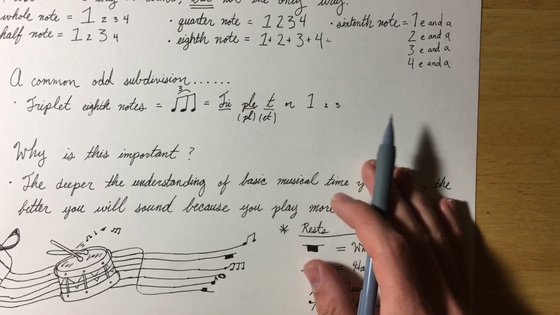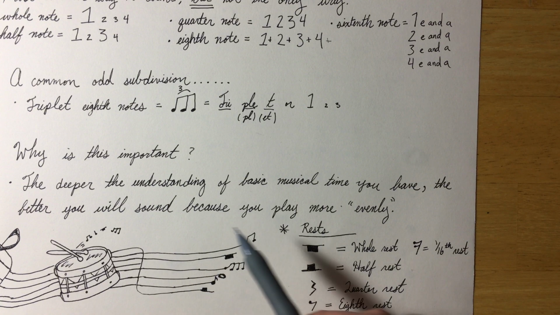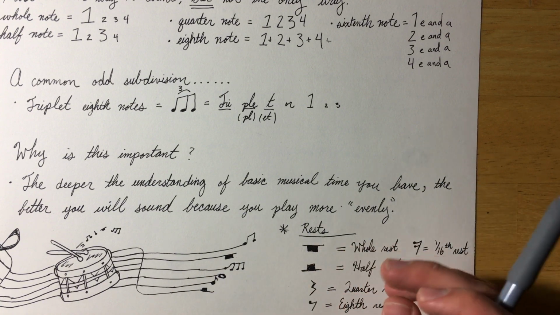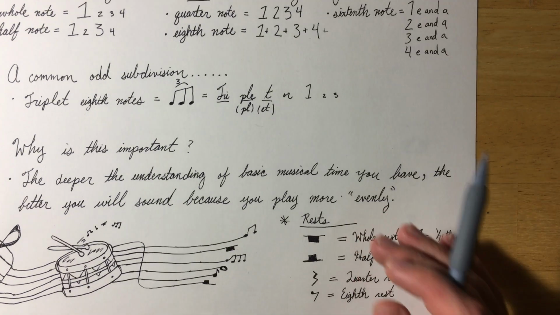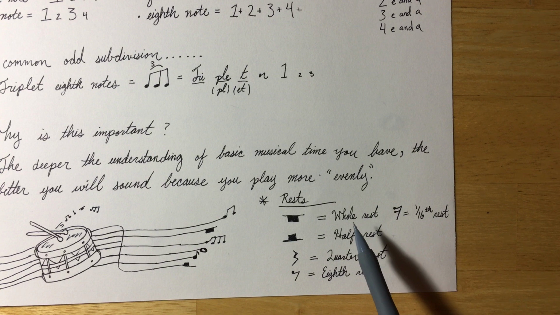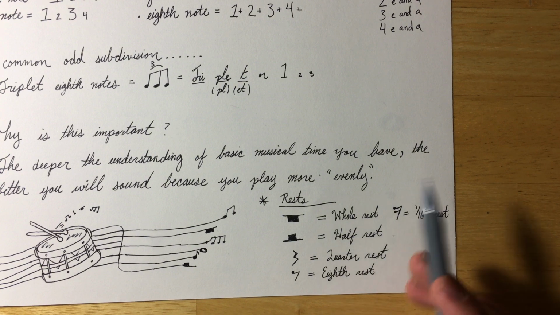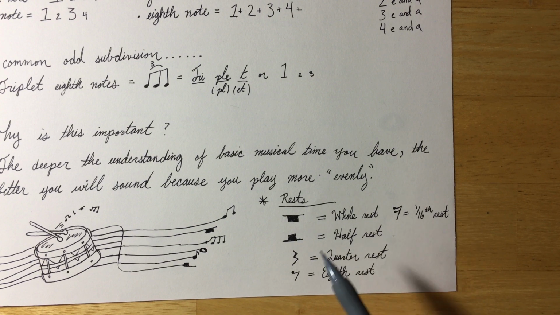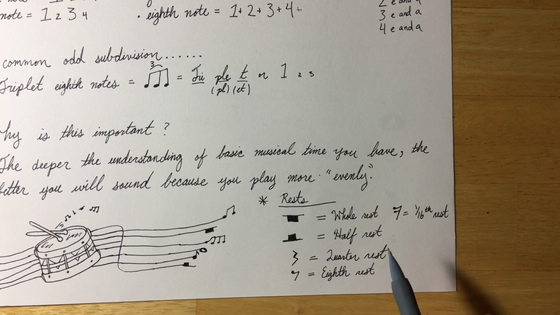And why is all this important? The deeper your understanding of basic musical time, the better you will sound, because you will play more evenly. You'll also come across rests, which are just silence. A whole rest is silent for 4 beats, a half rest is silent for 2 beats, a quarter rest is silent for 1 beat.